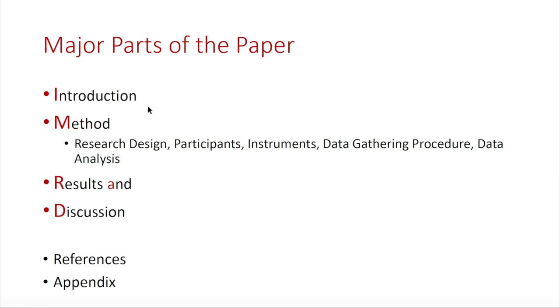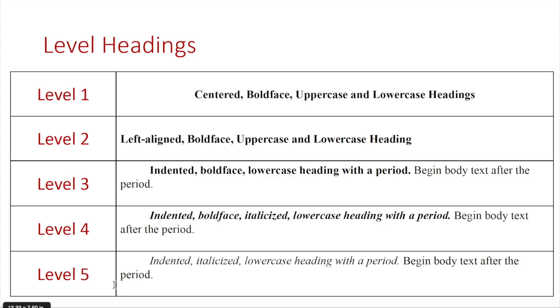Your introduction, which also includes your short introduction, your literature review, your conceptual framework, the method part, which includes the research design, participants, instruments, data gathering procedure, and data analysis, the results, and the discussion, which partly can also include the conclusions of your study, and then finally your references and your appendices.